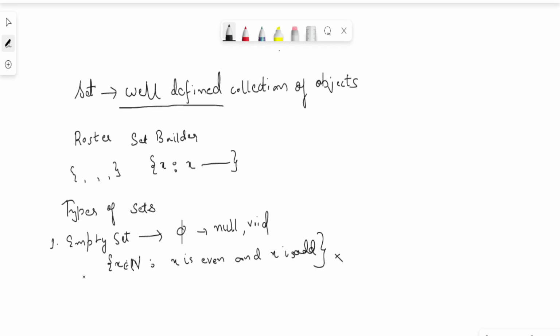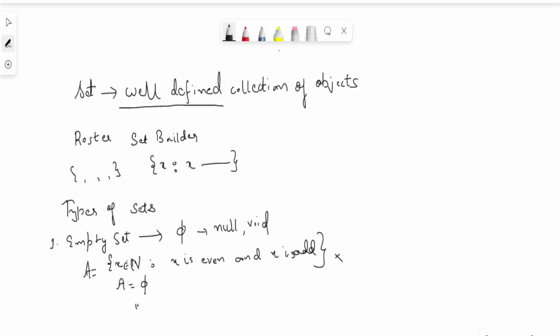If I denote it by A, the set names are denoted by capital letters and the elements are denoted by small letters, right? So A is basically empty. It does not have any element. It's a null set, it's a void set, right? Any natural number cannot be even and odd at the same time, right? So one example is this.